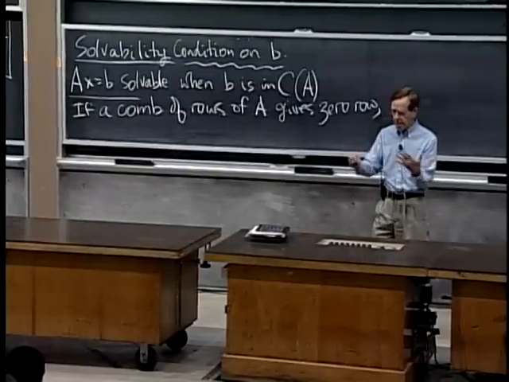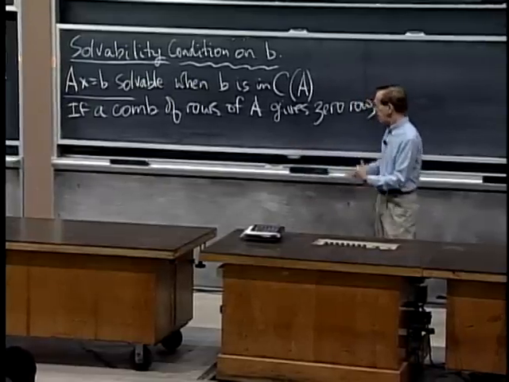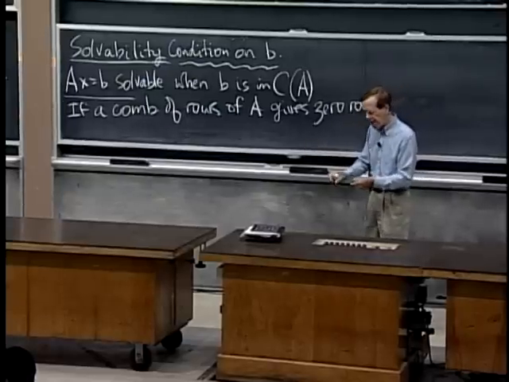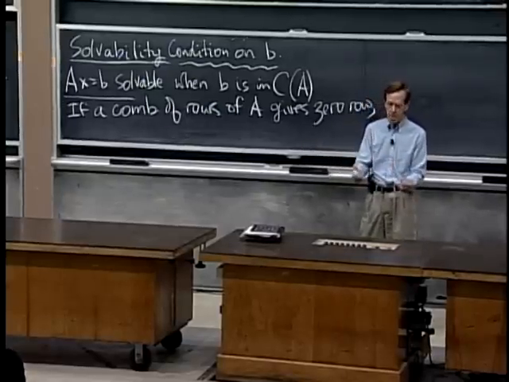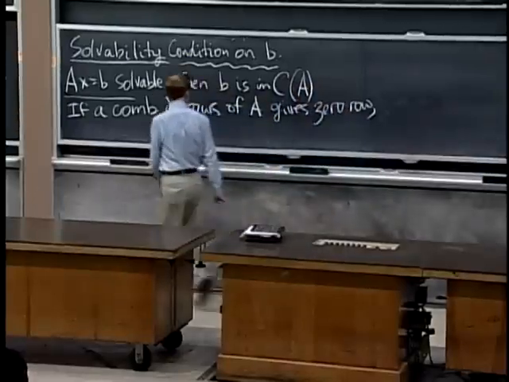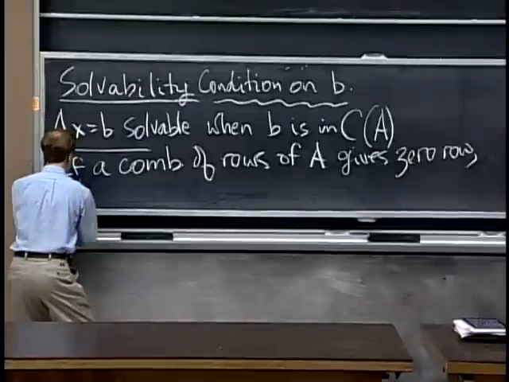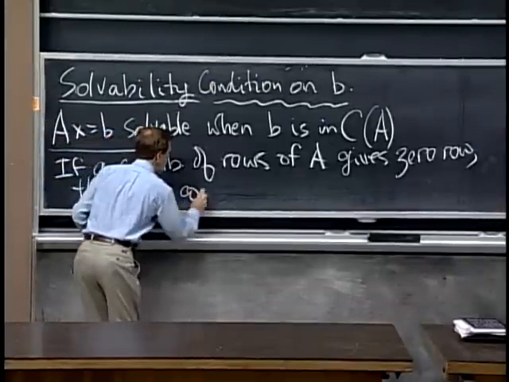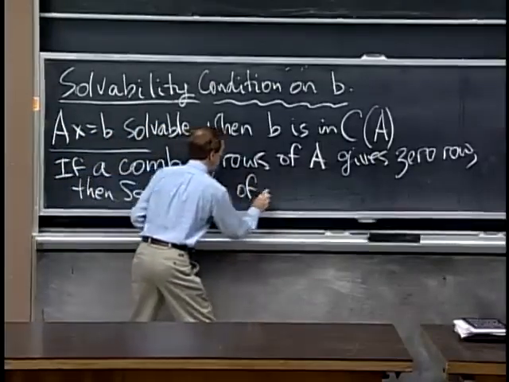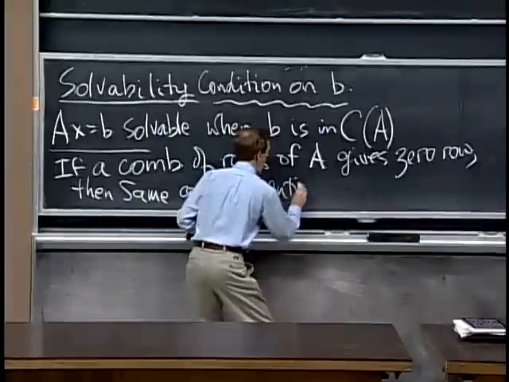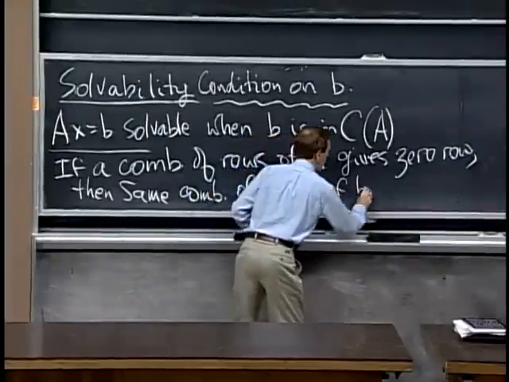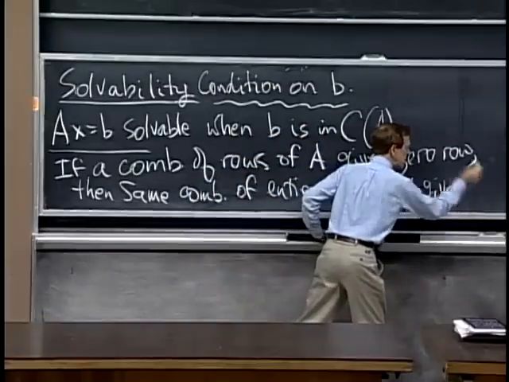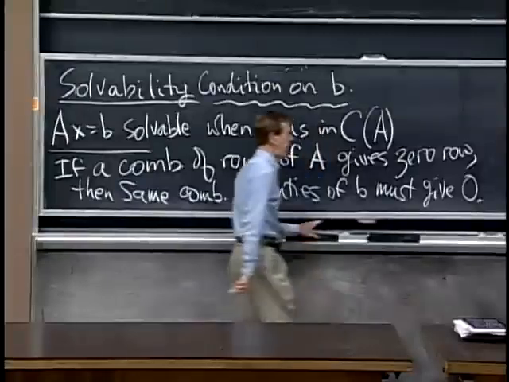Since we're going to do the same thing to both sides of all equations, the same combination of the components of b has to give 0, right? So if there's a combination of the rows that gives the 0 row, then the same combination of the entries of b must give 0. And this isn't the 0 row, that's the 0 number. Okay.